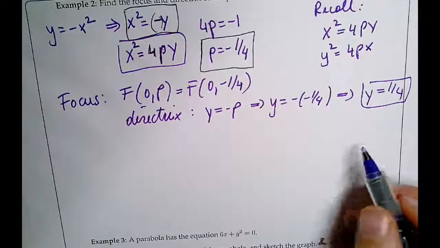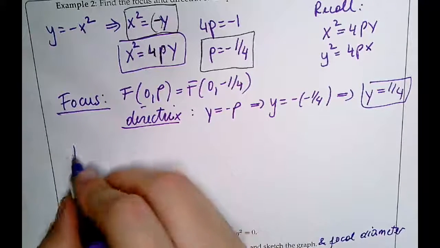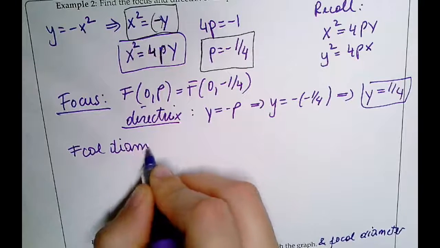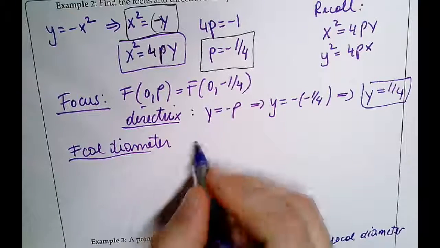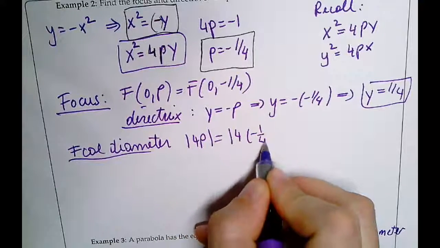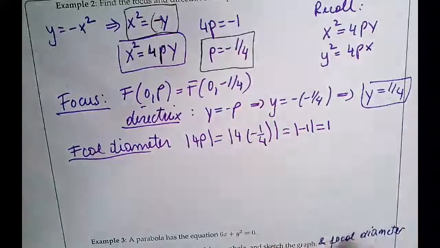And then the focal diameter is the absolute value of 4p, so it's going to be the absolute value of 4 times negative 1/4, which is the absolute value of negative 1, which is 1.